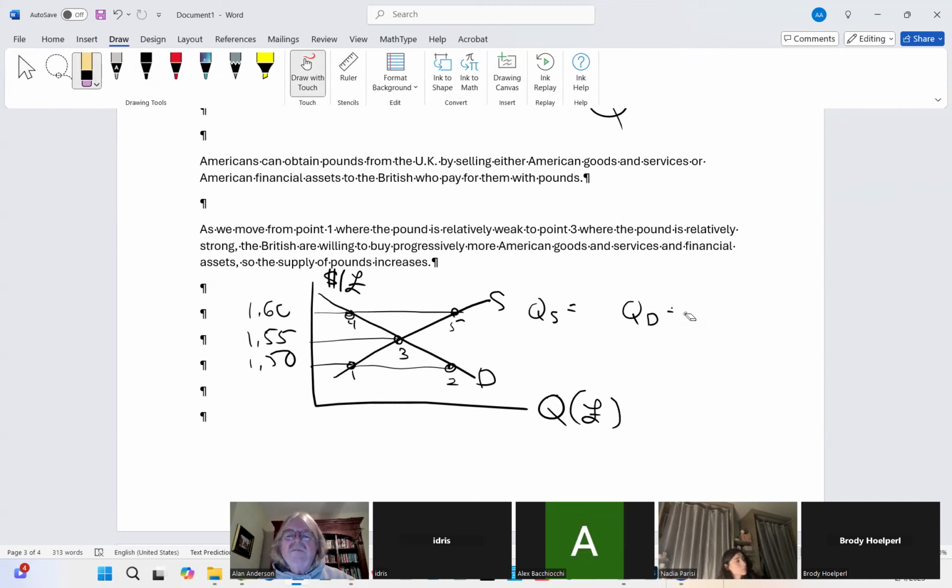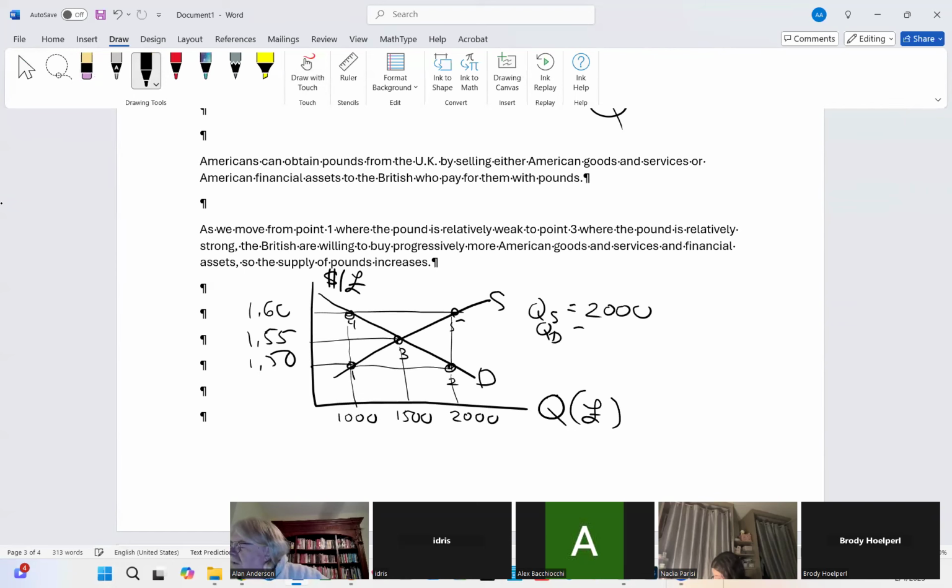Instead of calling it 5 and 4, let's say at this point, the quantity is, I don't know, let's say 1,000. So up here, the quantity supplied is 2,000. Quantity demanded, though, is only 1,000. So this is referred to as a surplus.